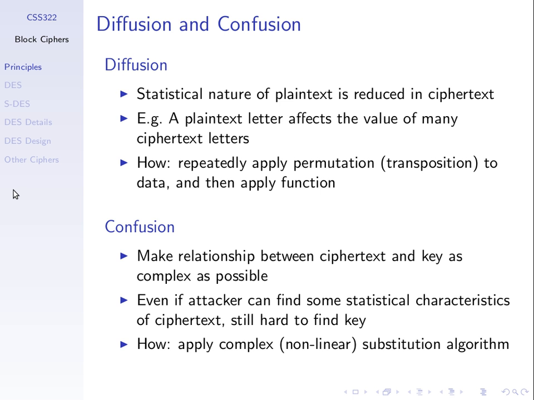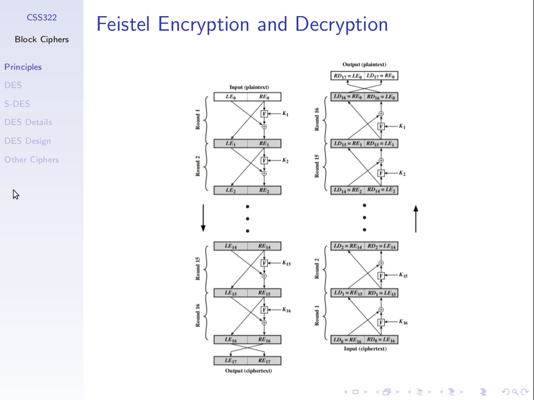It's best to explain the general Feistel structure using a concrete example, DES. One of the advantages of this structure is that decryption, that is this side, is almost the same as encryption. When you encrypt, you take the halves, apply some function on the right half with some key, XOR, and then swap the halves and do it again.